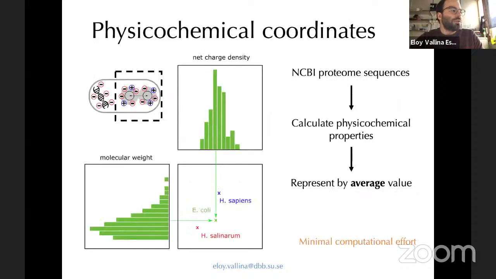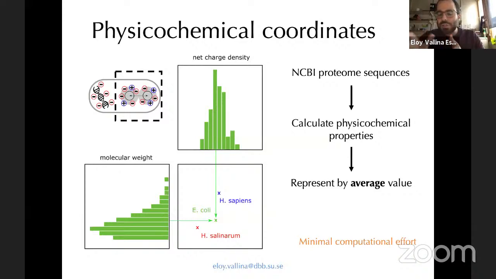The way in which we chose to address this question was by formulating this. So starting with these two properties, net charge density and molecular weight, we've calculated these for all of the proteins in these proteomes, and the proteomes you can simply get from NCBI. These are long sequences from which you find all of the proteins encoded for a certain organism, right?